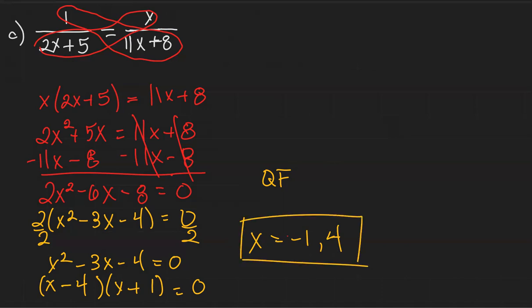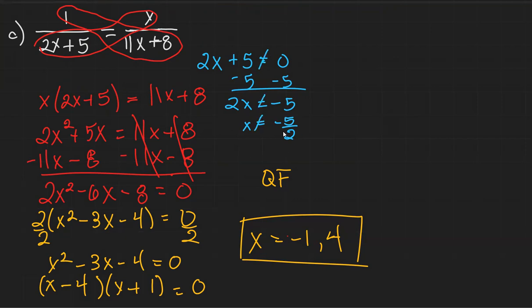Let's backtrack. I keep forgetting to do this. Let's backtrack and see what values of x we're not allowed to have. So what makes this first one 0? If we can't see it immediately, we set it equal to 0 to find out. So we subtract 5. We get 2x is equal to -5, and then x is equal to -5 halves. Actually, though, these would be non-equals, right? Because we don't want x to be that.